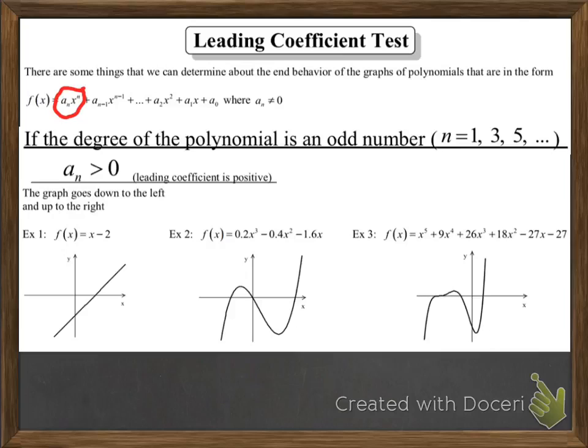If your leading term has an exponent that is an odd number and the coefficient is positive, which means it's greater than 0, then the graph is going to go down to the left and up to the right, just like we mentioned earlier. All of this is based only off of that leading term. It does not matter what the rest of the polynomial is doing, only that leading term.